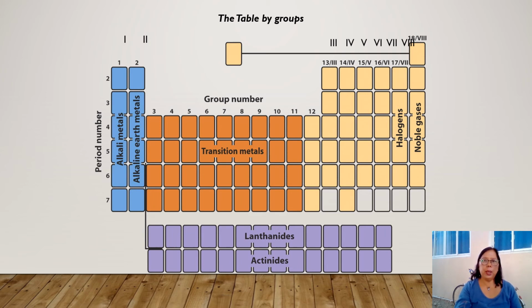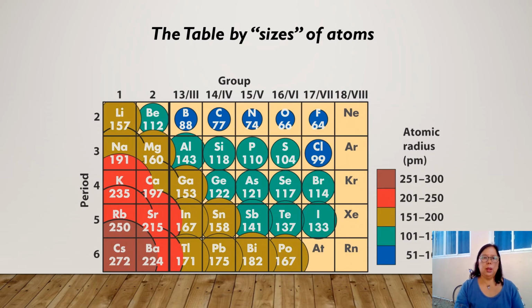And in group 8A, of course, you have the noble gases. If we look at the table by size of atoms, you will notice that as you go higher in terms of group, the atomic size decreases.